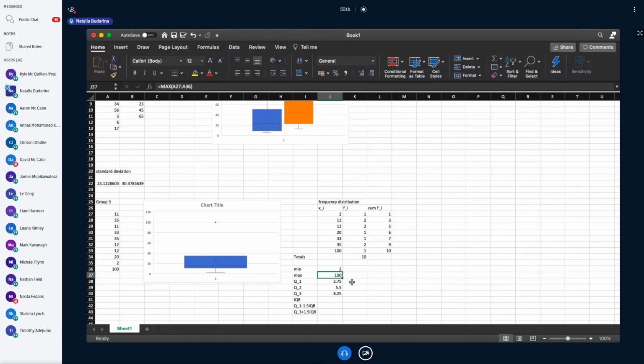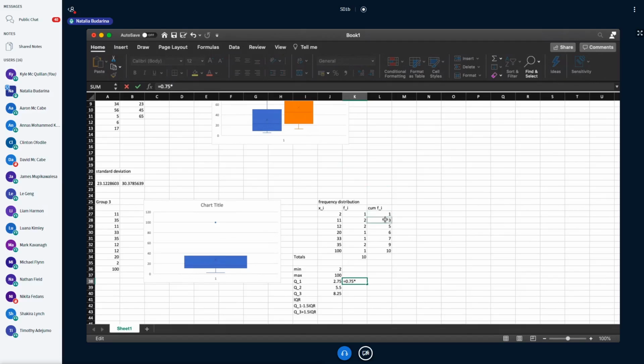To find Q1, I need to check. It's close to x3. So 0.75 multiplied by x3.